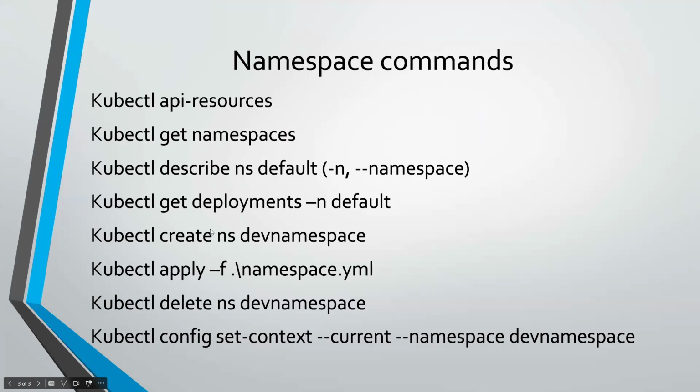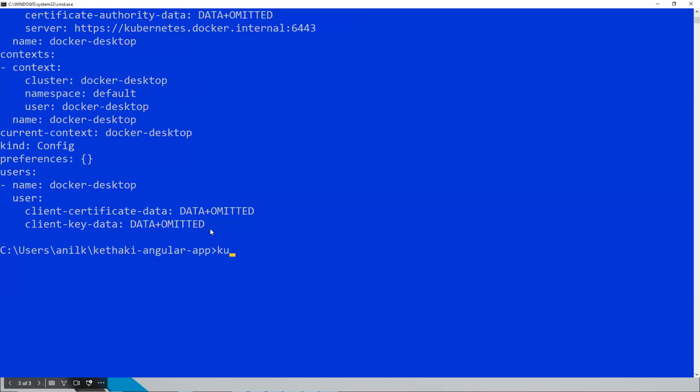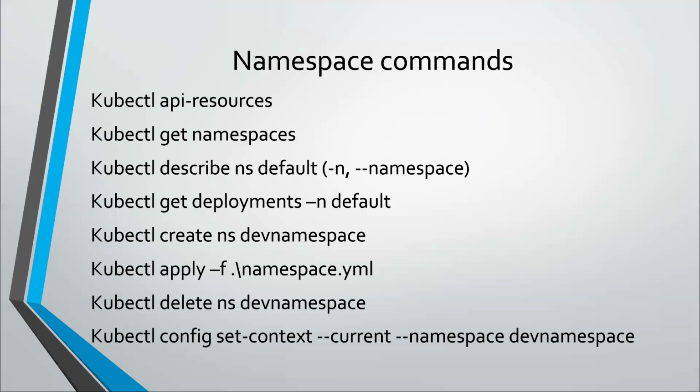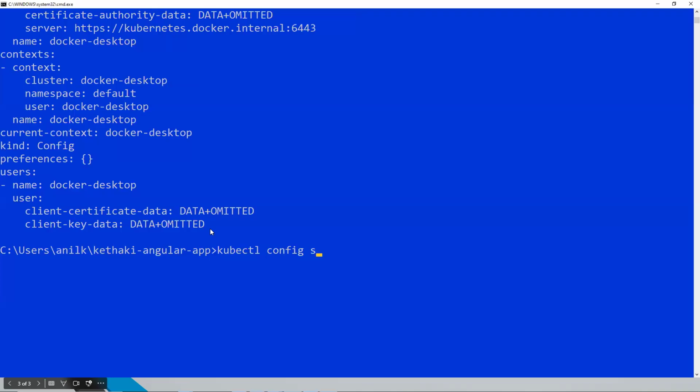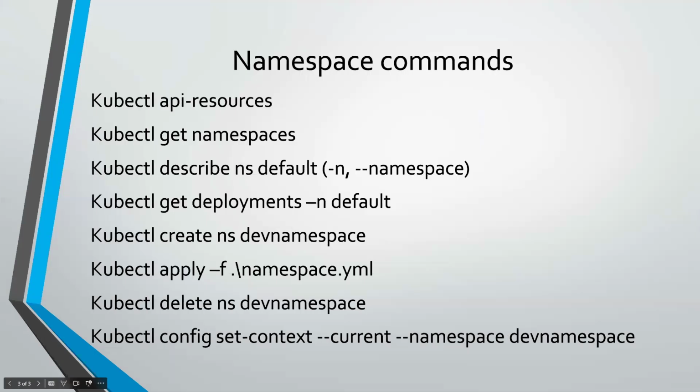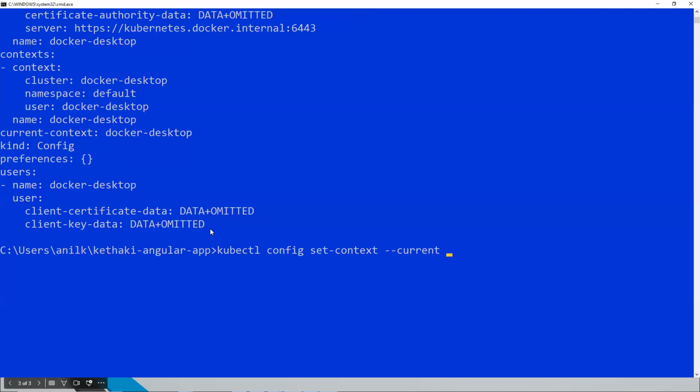The command is kubectl config set-context, with current context. I'm setting the current context namespace, which was default, to the prod namespace.